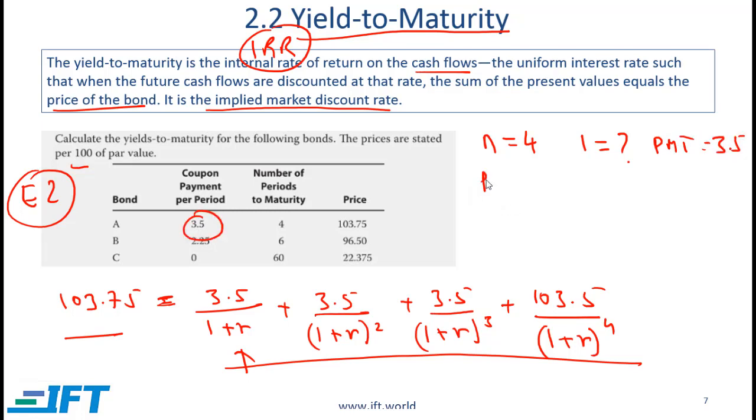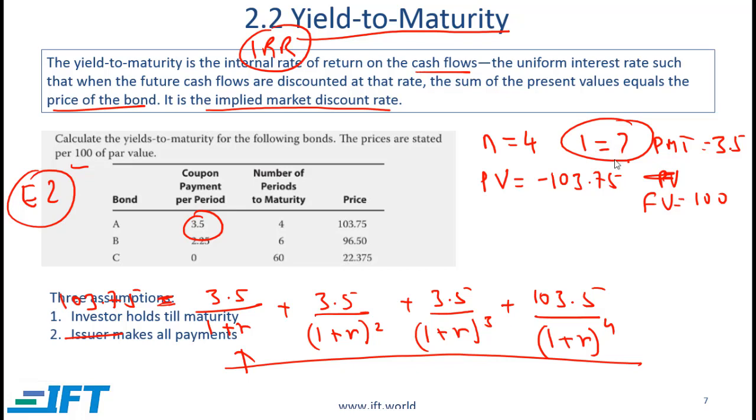The present value we are going to plug in as a negative number, minus 103.75. The future value is equal to 100. That is the par value at the end. And then we compute I. So do this on the calculator. What you will get for I is 2.50%.